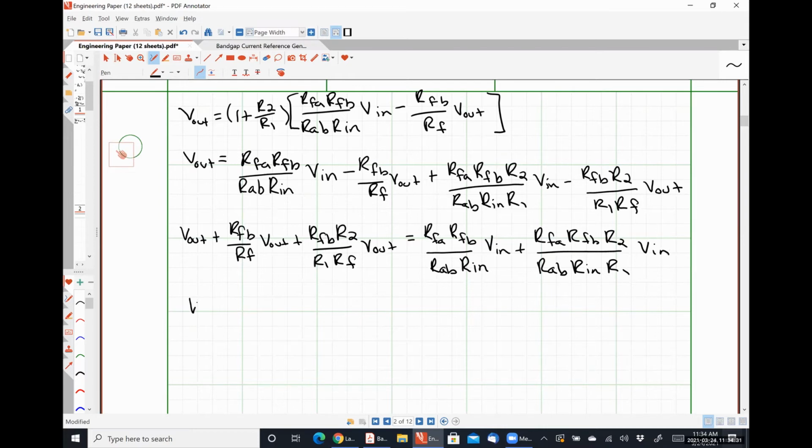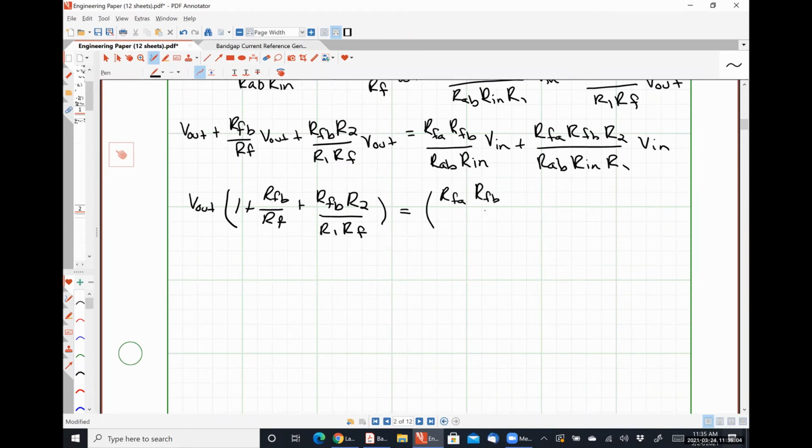And so we'll get V out times 1 plus RFB over RF plus RFB R2 over R1 RF equals, and then RFA RFB RAB, RFA RFB R2 over RAB RN R1 VN. Okay.